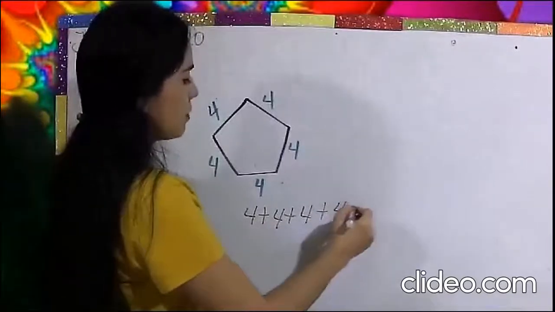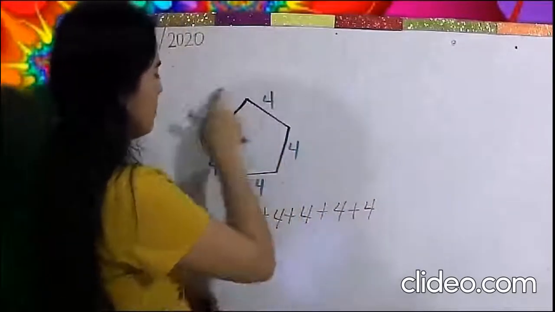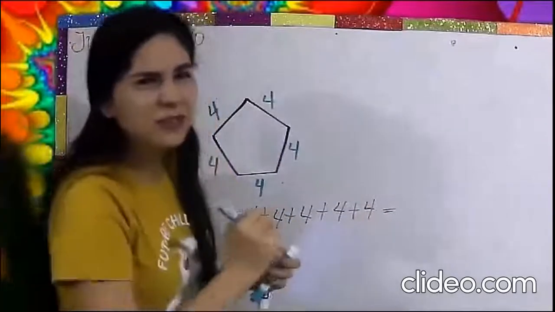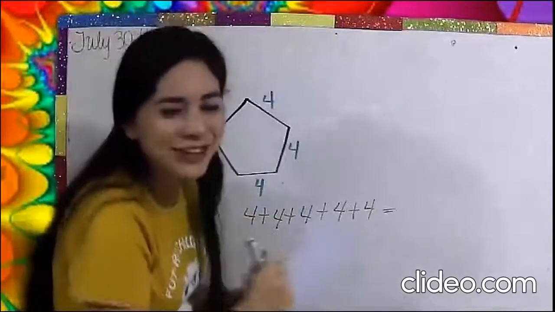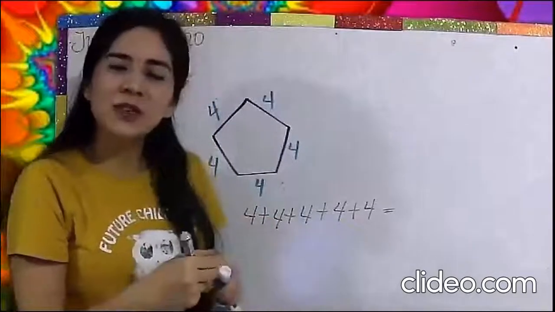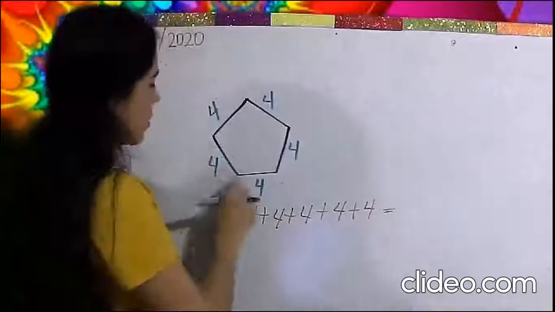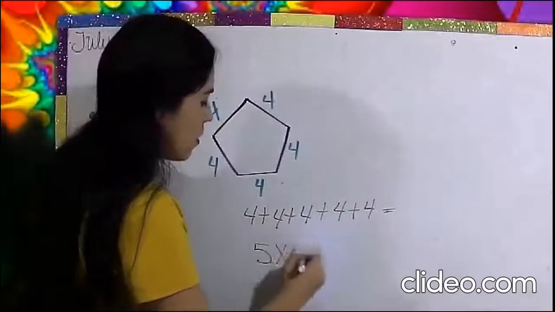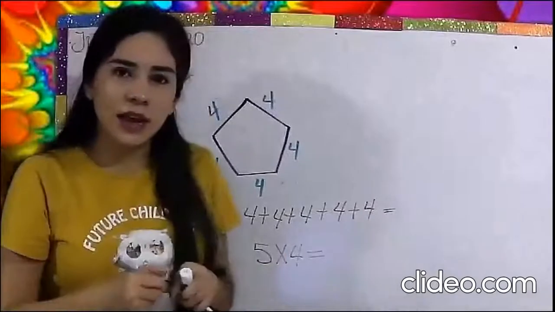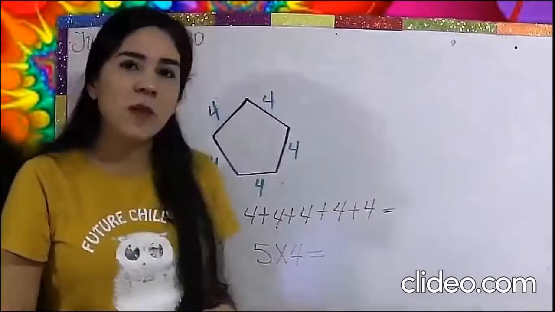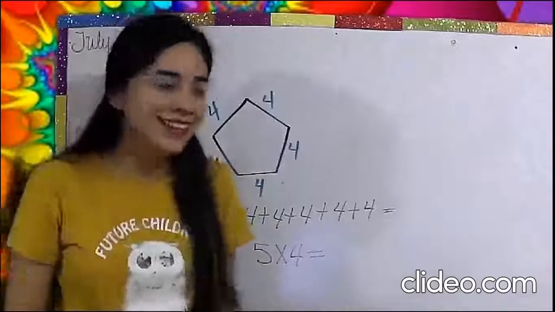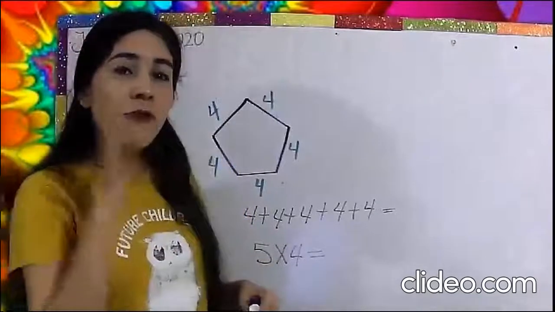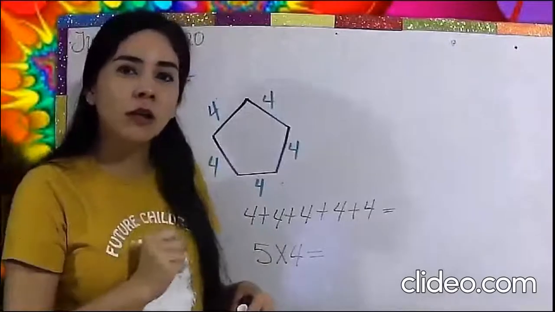4 plus 4 plus 4 plus 4 plus 4. 1, 2, 3, 4, 5. Okay, I was tired of writing 4 and 4 and 4. So what is the other way to write faster? 1, 2, 3, 4, 5 times. 5 times 4 is the same. It's better if I write it this way because it's quicker. So 5 times 4.